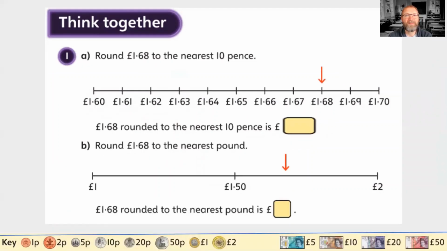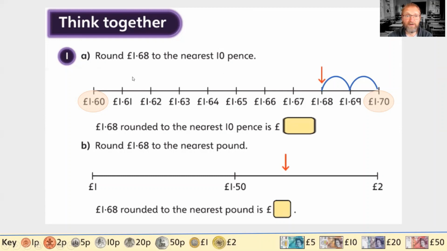Think together. Question 1A, round £1.68 to the nearest 10 pence. Once again, let's look at those tens. We would round down to £1.60, or we would round up to £1.70. Here is £1.68, and we would add 2 pence to get to £1.70.